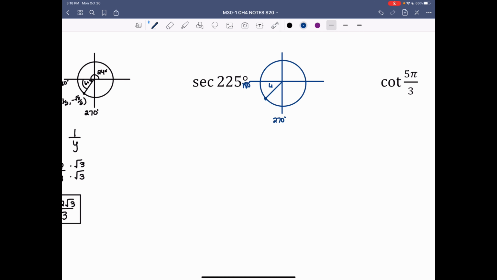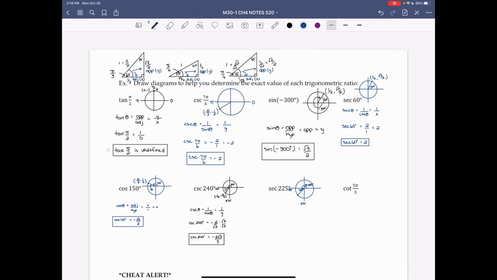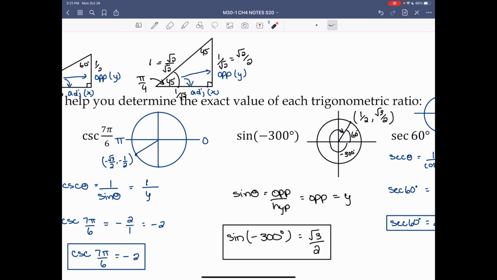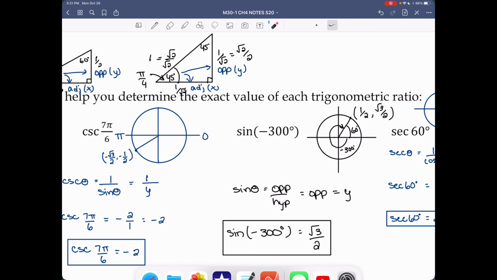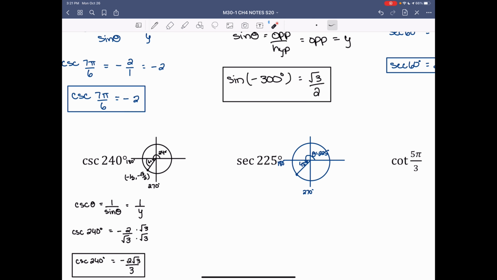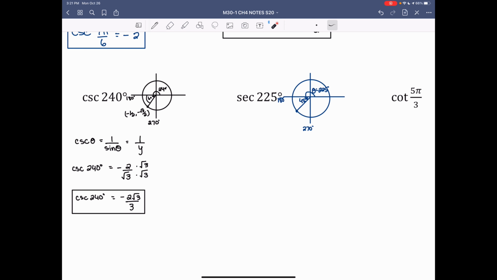So a reference angle of 45 degrees and an angle of 225 degrees. The point, let's look at our 45, 45, 90 triangle. We have x value of 1 over √2 and y value is the same, 1 over √2 or √2/2, whichever one you want to use. Then we're in quadrant 3. Both of them are negative, so negative 1 over √2 and negative 1 over √2.